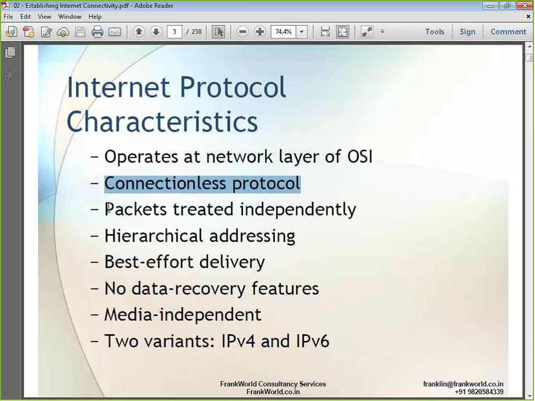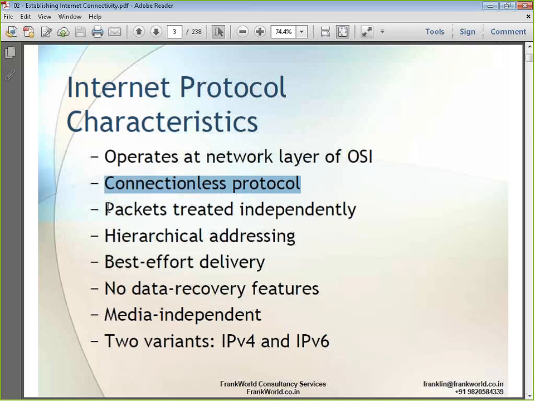Whenever we talk about transmission of these packets, they are based upon best effort delivery, and there are no data recovery features. What I mean by that is, whenever I transmit a packet, if the information in that packet is lost, there is no way of recovering it, because internet protocol doesn't have the feature to recover data.